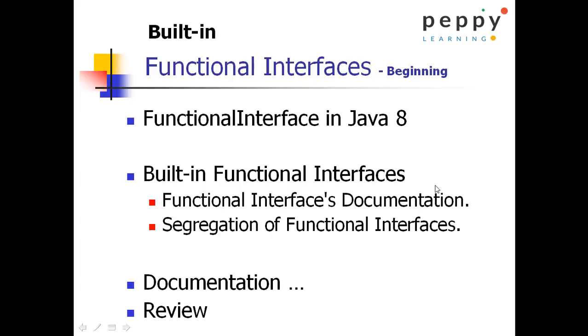However, if you annotate an interface with it, it will help you avoid accidentally adding additional abstract methods. A functional interface has a single functionality to exhibit. Functional interfaces are candidates for lambda expressions. Functional interfaces are widely used in the Stream API.